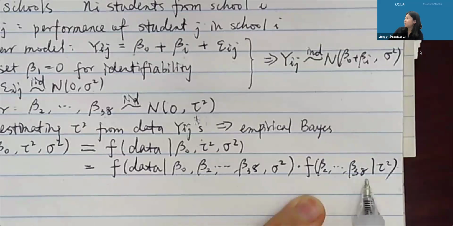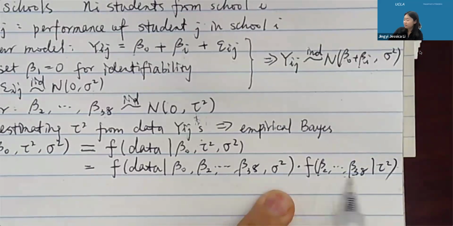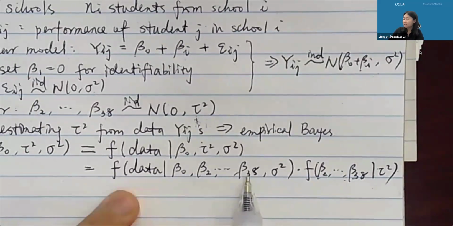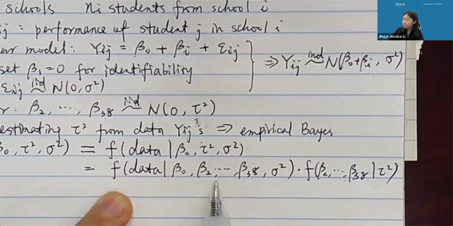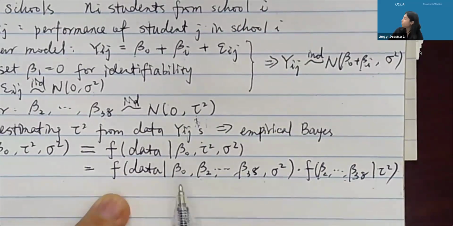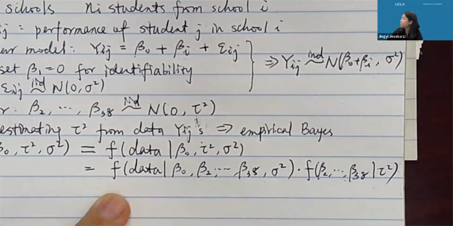This is the second layer, the layer about this prior. This is the data distribution, right? But once we multiply the two, these beta 2 to beta 38 are still before the conditioning, and they need to be integrated out.